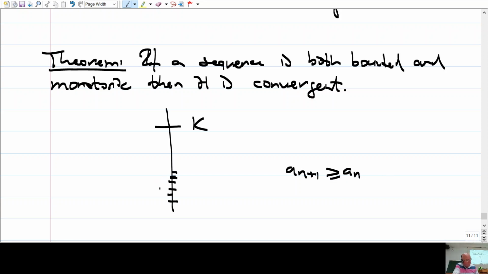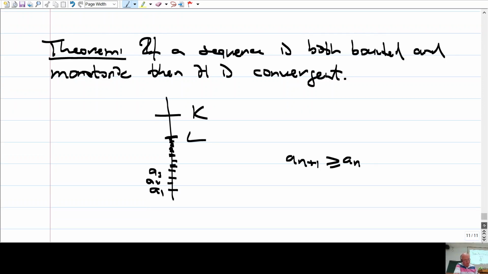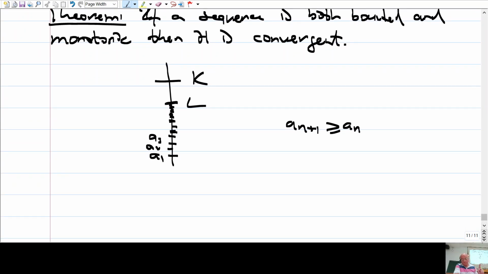So the terms of this sequence, a1 is here, a2, a3, and so on, but they cannot go above k because it's bounded from above by k. Well, what can happen? These numbers should accumulate somewhere, and where they accumulate will be the limit value. Okay, so that's the content of the theorem. Here is an example.